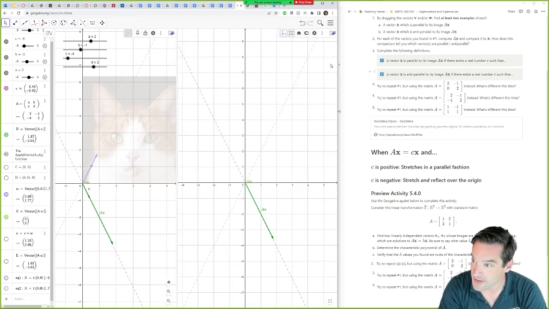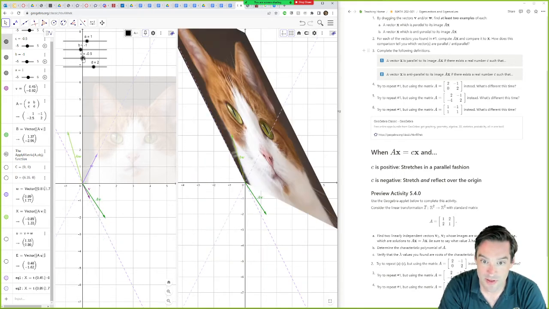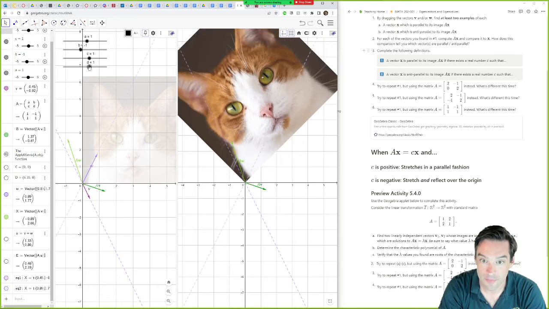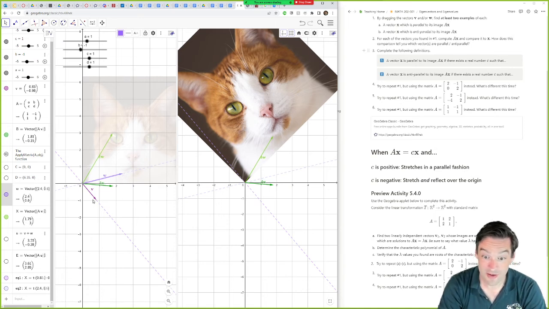And then in the final example, 1 minus 1, 1, 1, if I switch to that, what ends up happening here? Where are my parallel directions? Where are my anti-parallel directions? What's happening that's different? We get neither because all that's happening here, apparently, is a rotation, right?